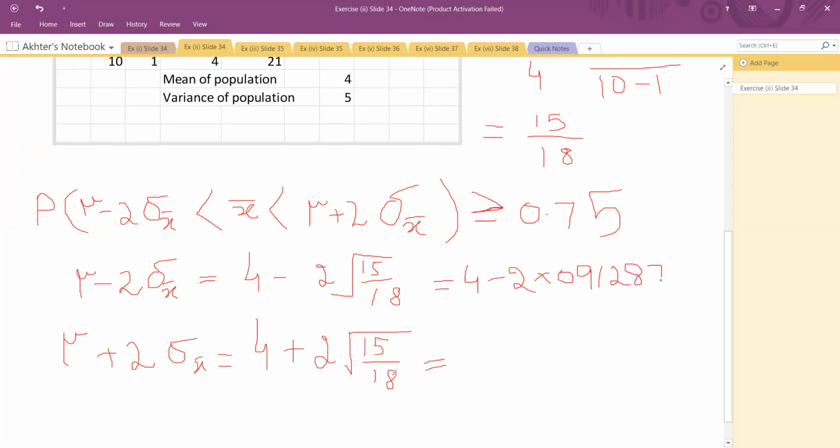So it is 4 minus 2 times 0.912871, and 4 plus 2 times 0.912871.